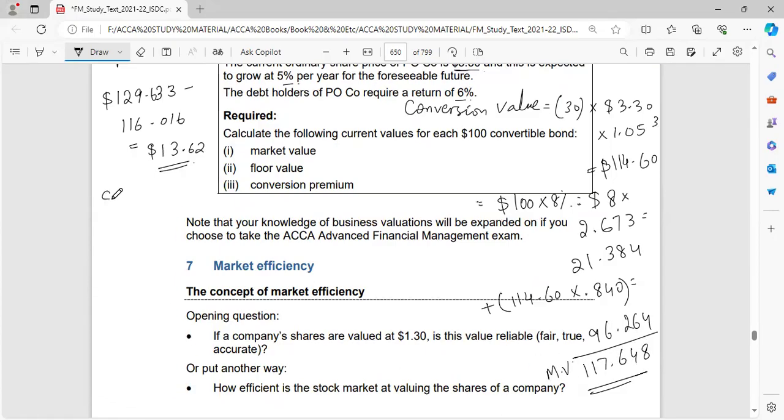Floor value is the annuity value of interest plus the present value of the par value, which is redeemable at 100.